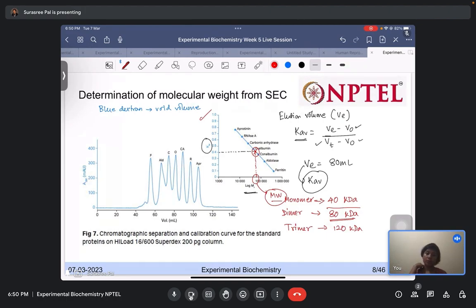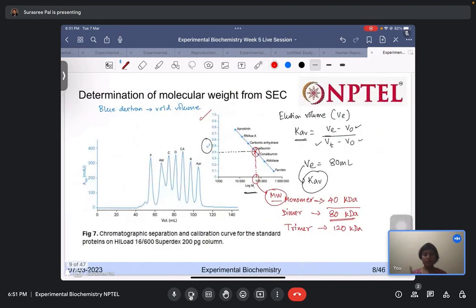Then of course this protein has a higher molecular weight, and the oligomeric formation can be the reason for this earlier elution of this protein, right? So from this we can actually determine the oligomeric condition of this protein, and also the molecular weight of this protein by size exclusion chromatography.